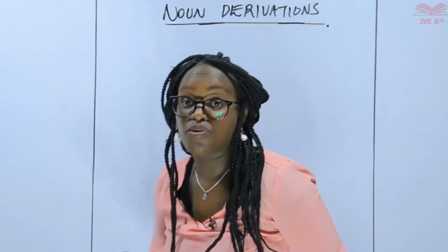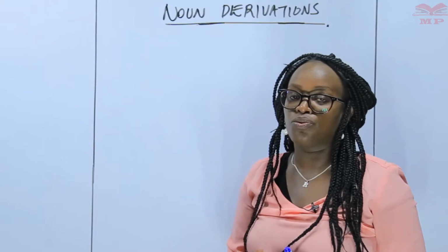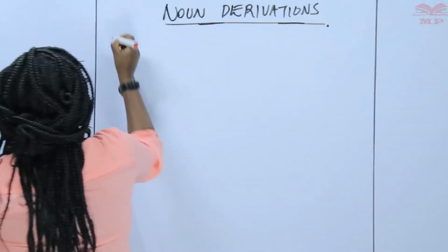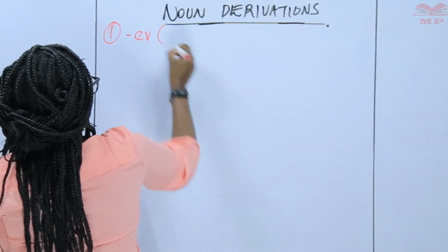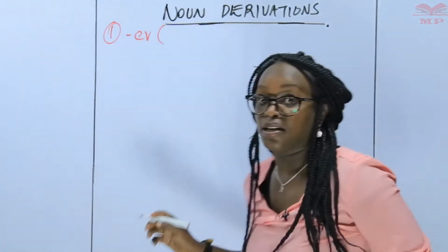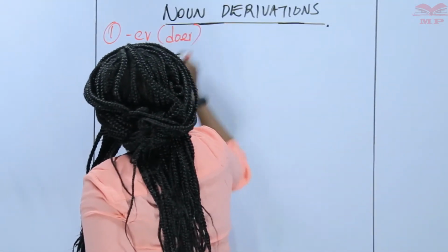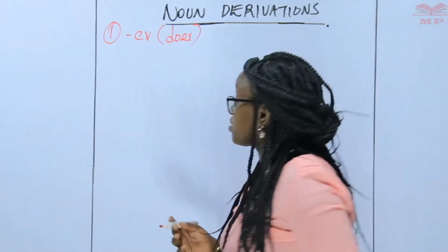In the previous lesson, we had already talked about 2 suffixes that are used to change verbs to nouns. The first one was the suffix er, and we said this suffix is used to denote the doer, the doer of an action, and of course I had given a lot of examples, so I will not go back to that.